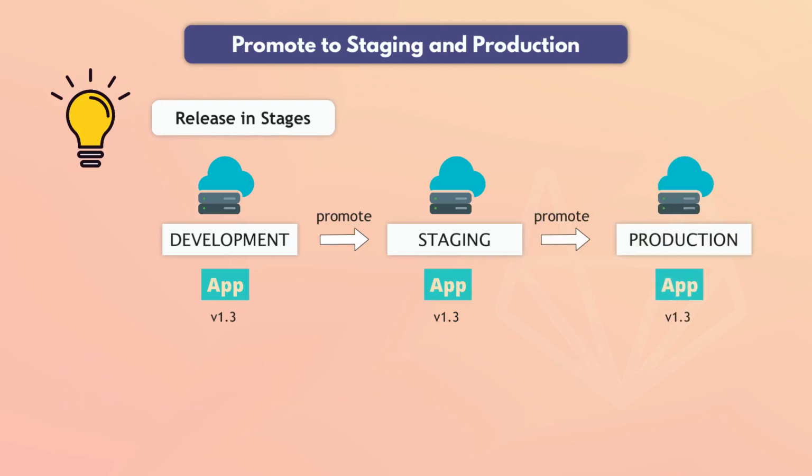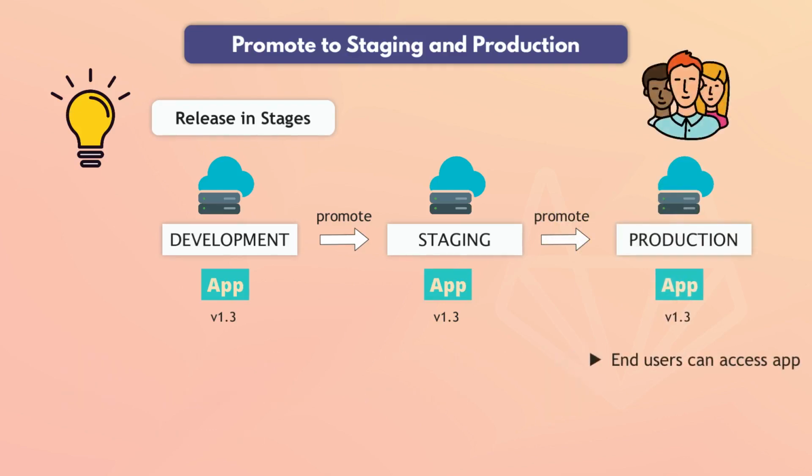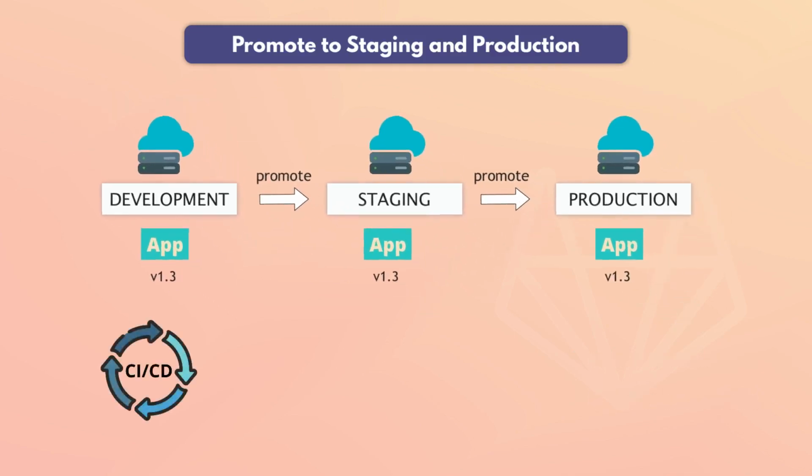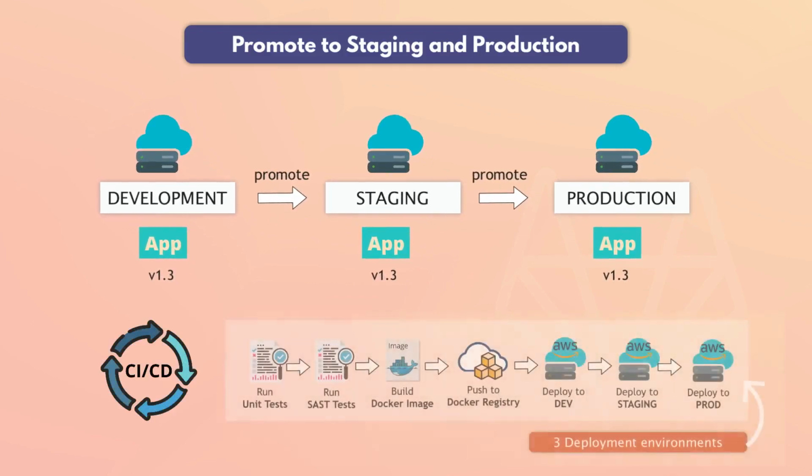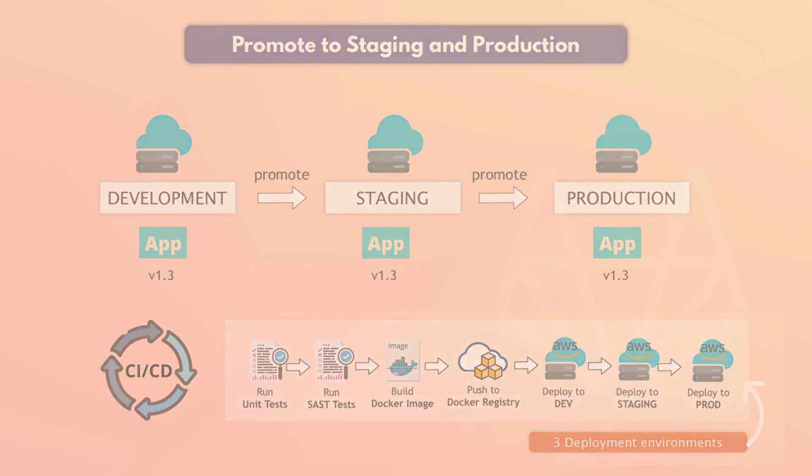This is the environment which end users have access to. That's your live environment. And the concept of CI/CD means that the application changes will go through all these stages using an automated pipeline that orchestrates all these steps.